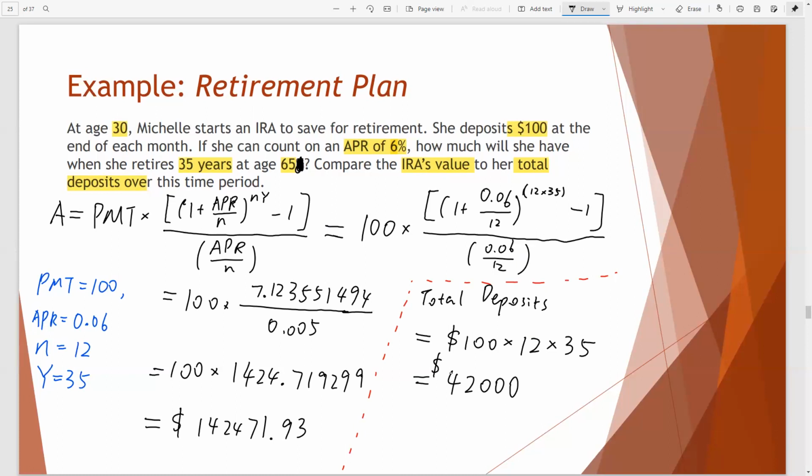The CPI, what that will be, right? Consumer Price Index, that tells how worthy your money will be. Maybe your accumulated index will be higher than the APR you get.